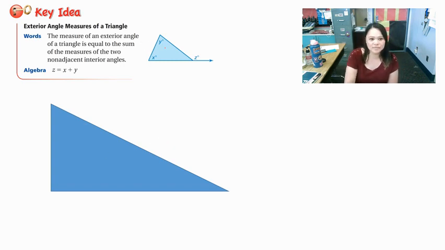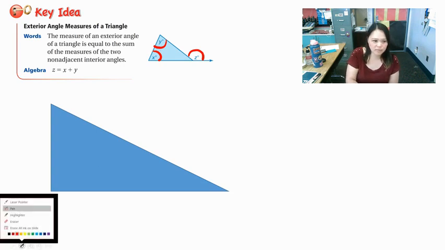So when I say that the exterior angle, which is this angle, is going to be equal to the sum of the two interior angles that are inside the triangle and non-adjacent to this, meaning they're not next to angle Z. So that's what it means by the measure of an exterior angle of a triangle is always going to be equal to the sum of the measures of the two non-adjacent interior angles.